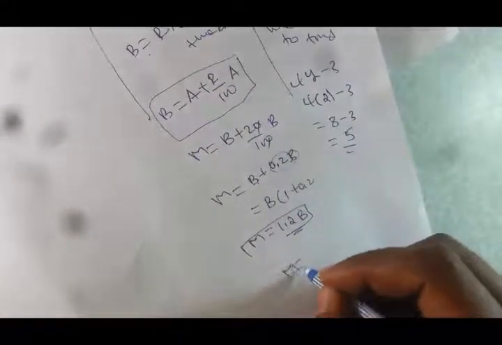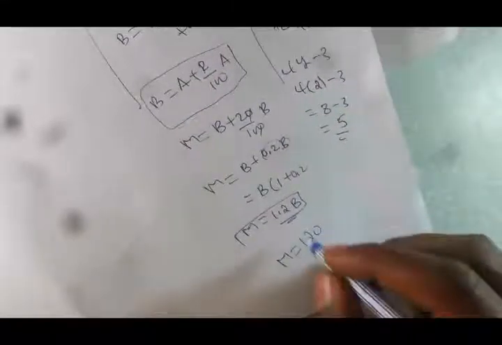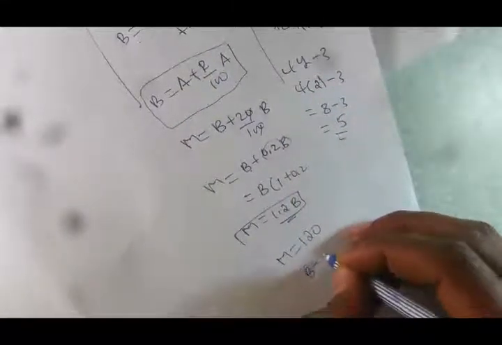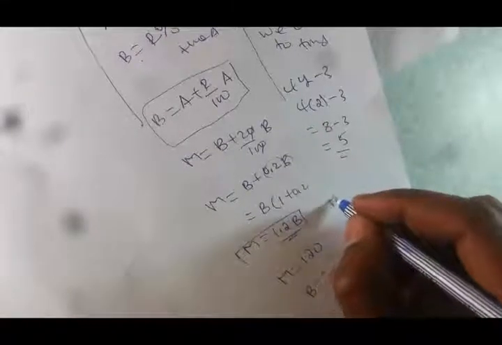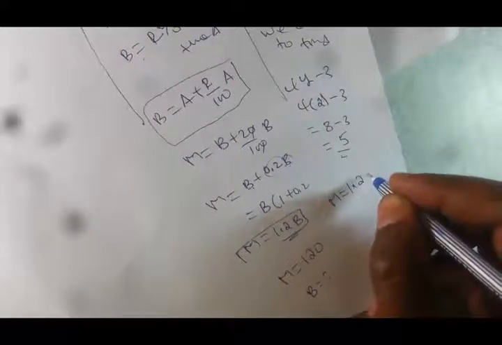And the other thing that we are given is that she spent $120 to buy mango. Mango is equal to 120, and you are required to find the value of banana. You already know that mango is equal to 1.2 times banana.